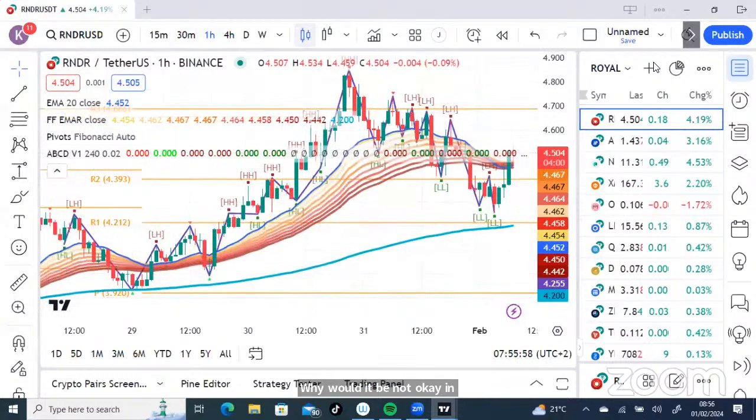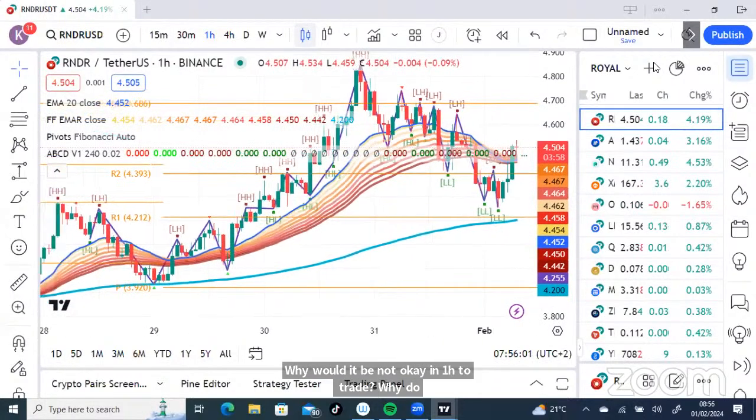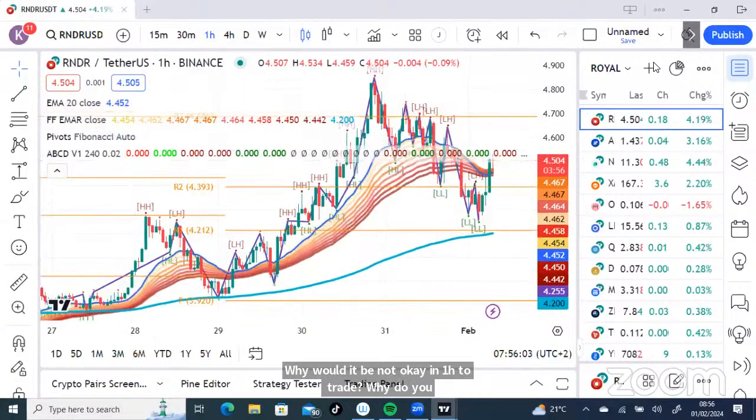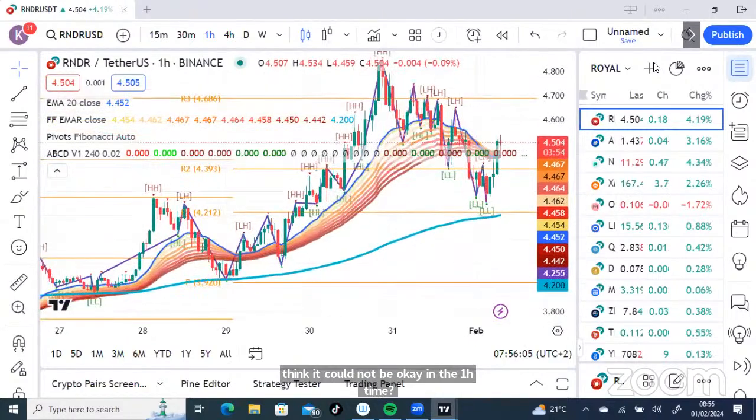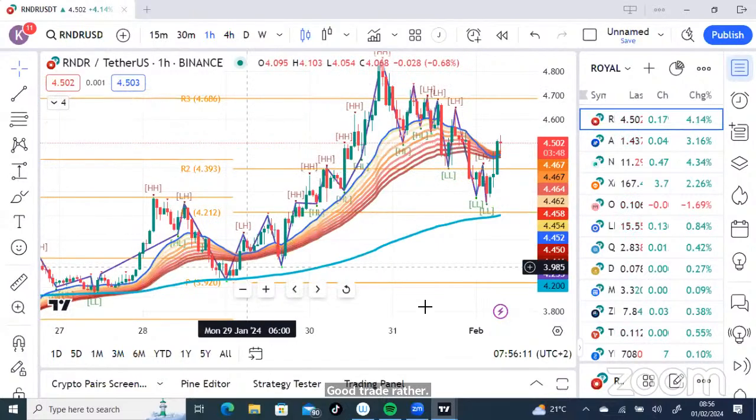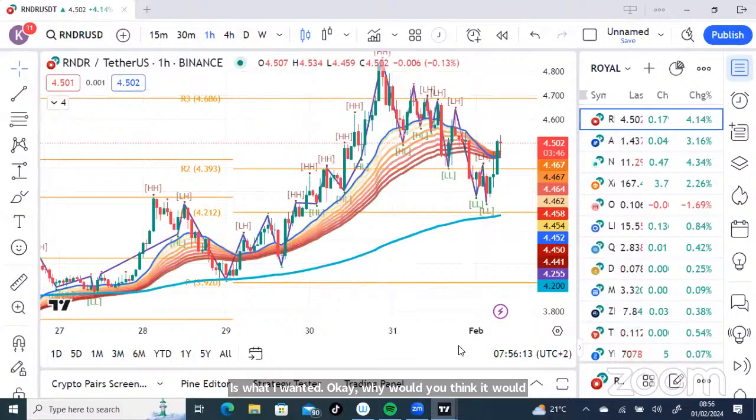Why do you think it could not be okay in the 1 hour time frame to trade Radar? Anybody?